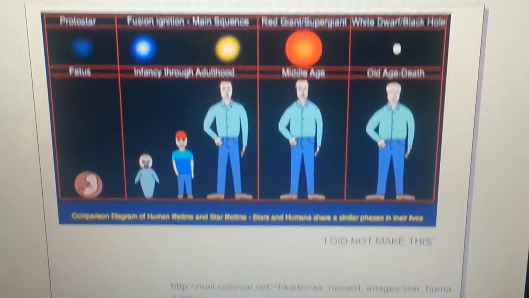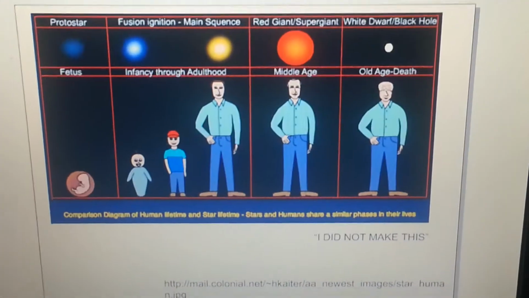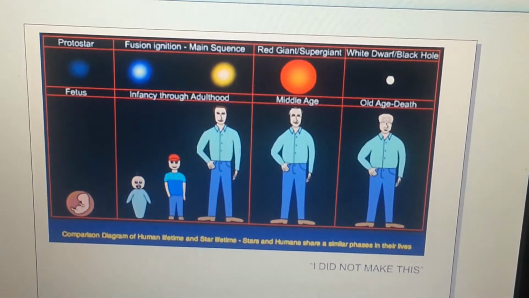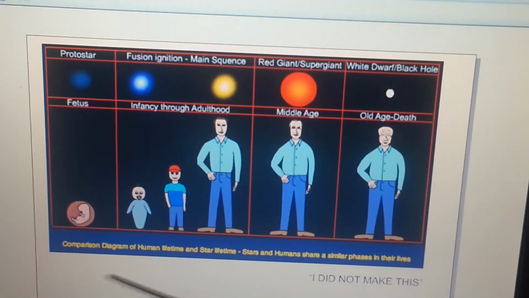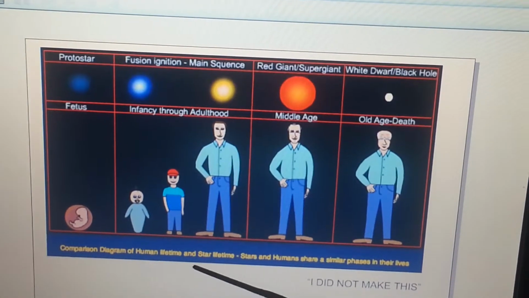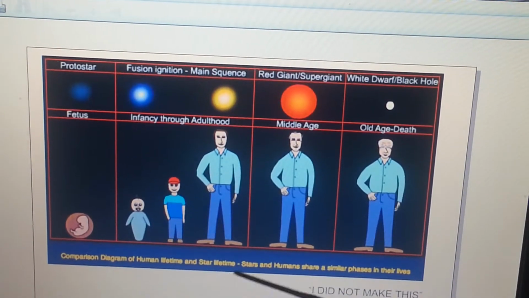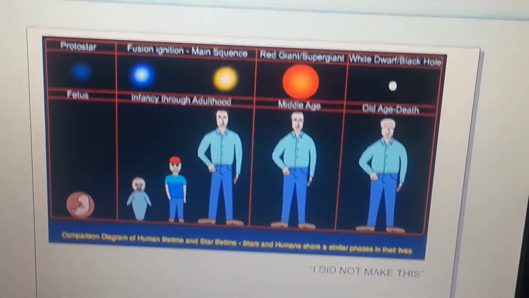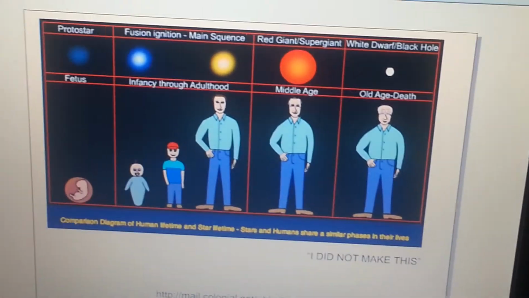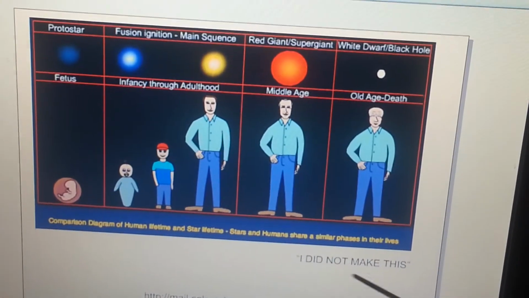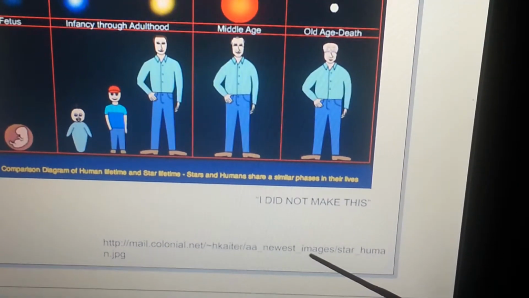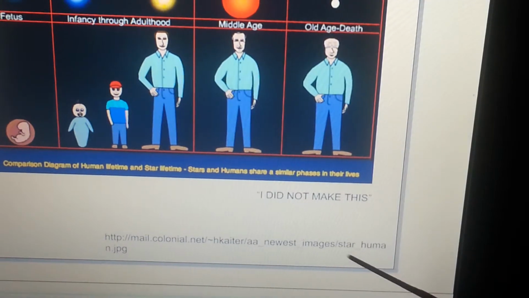So here we have a diagram which I fell in love with. It says the comparison diagram of humans' lifetime and stars' lifetime. Apparently they are similar, although we don't live that long. I did not make this, as you can see right here, but I did put the link below if you enjoyed this picture as I did.